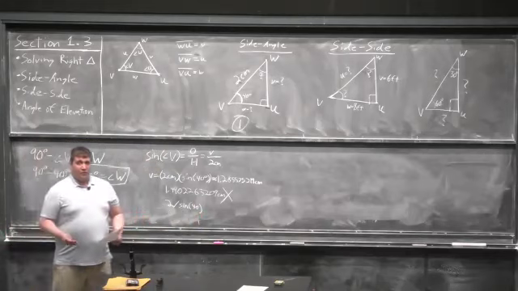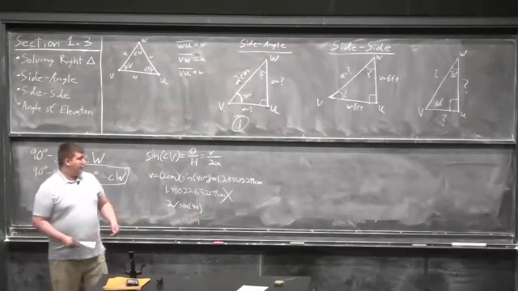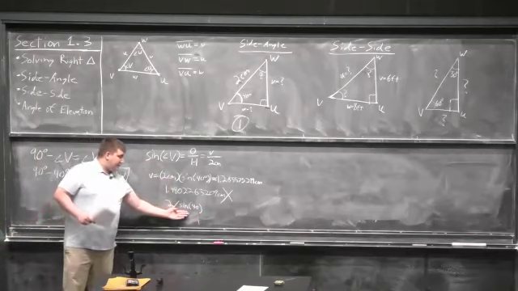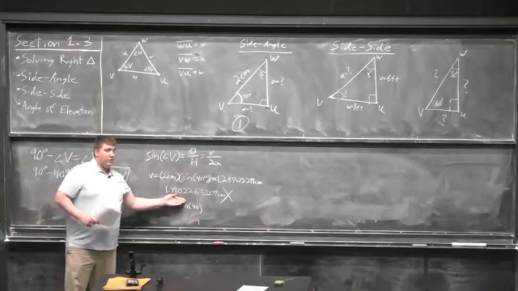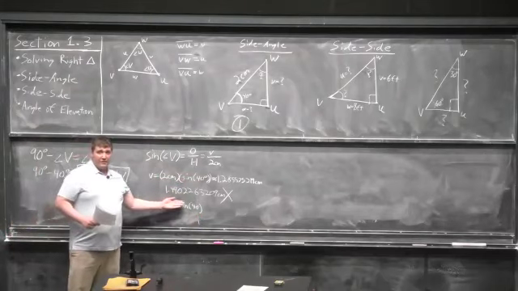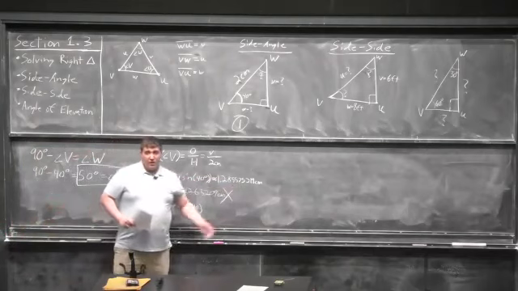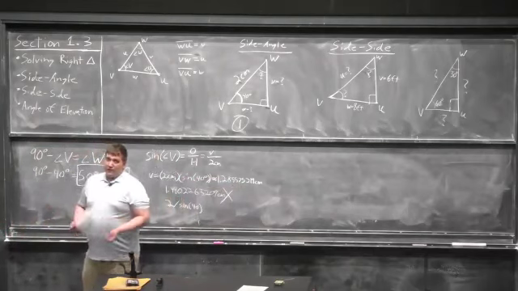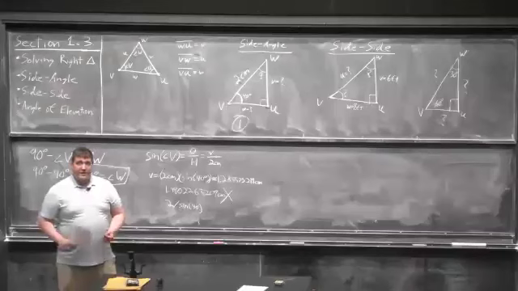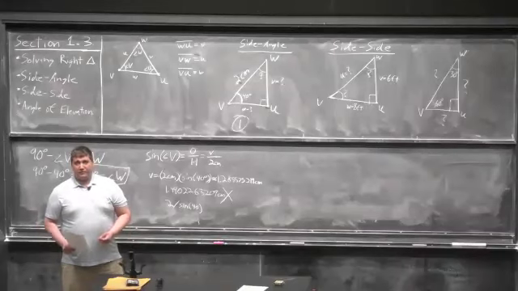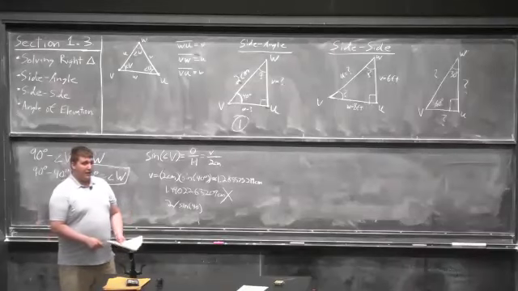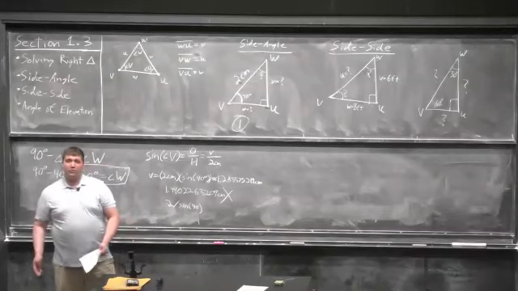If you don't know what mode your calculator is in, and you plug it in like this, you'll get whichever one it is set to. Now you know whether you're in radians or degrees. We will be using whatever the context of the problem is. If it's in radians, then use radians.